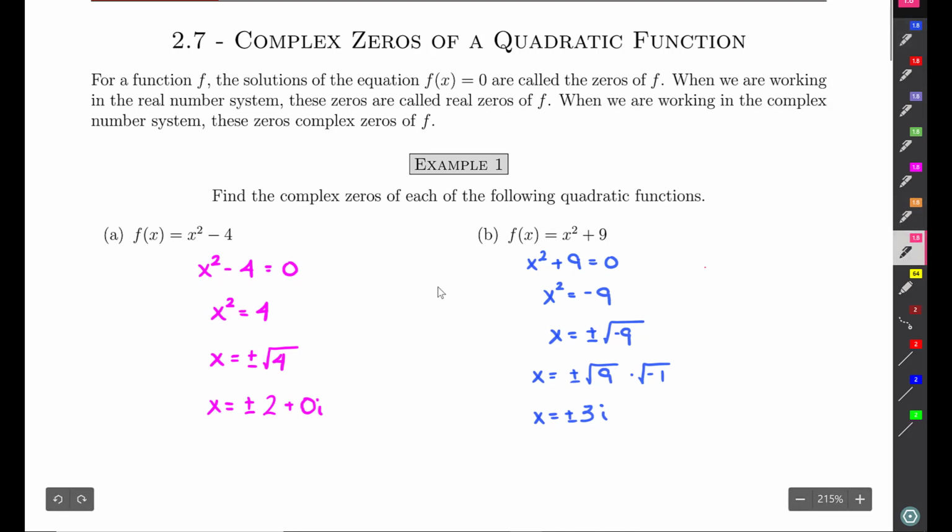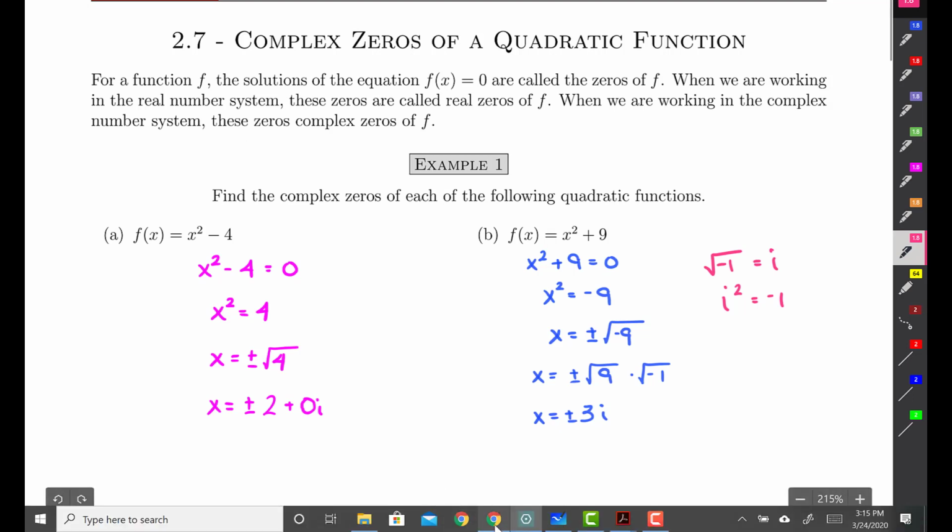So a little side note here, the square root of negative 1 is equal to i. And anytime we have i squared, that's equal to negative 1. Again, that's going to come up much later in a different section, but right now we're just looking at how to find the complex zeros of quadratics.